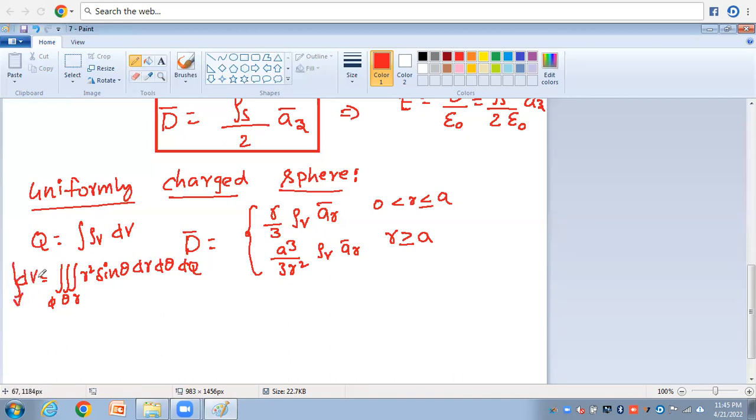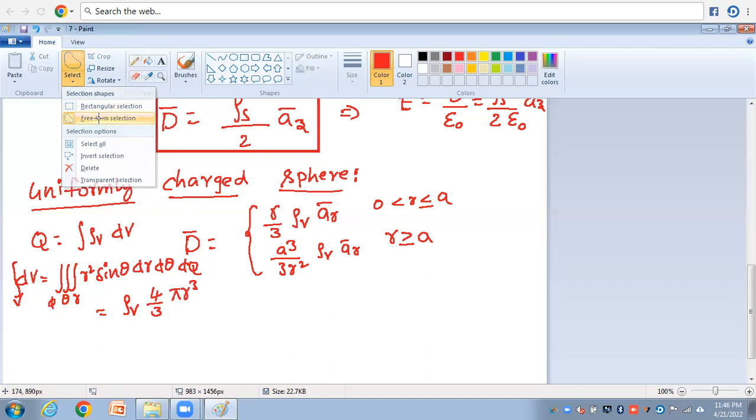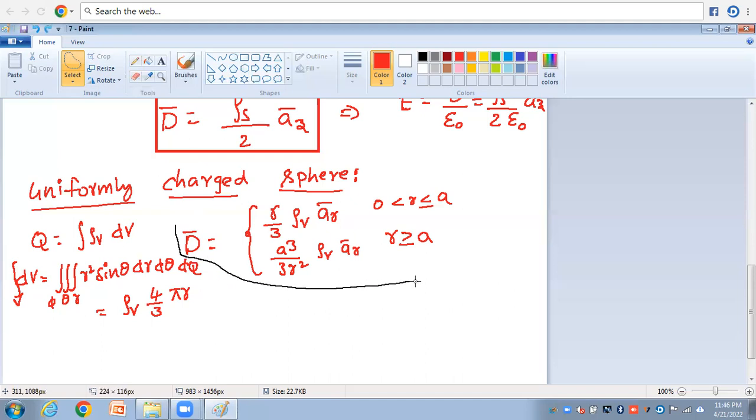Once doing all the mathematical part, definitely you will get the expression rho v times 4 by 3 pi r cube. Once doing all the remaining calculations of this uniformly charged sphere, you may expect this expression.